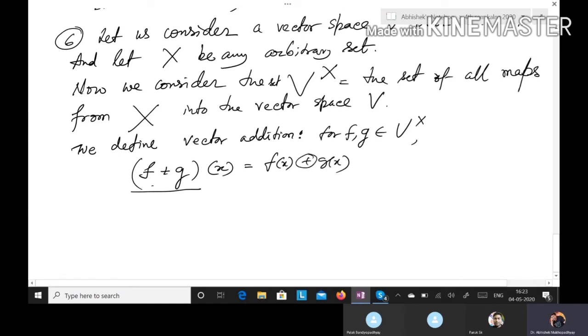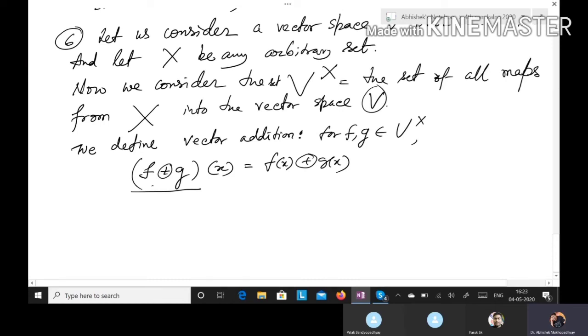Now this plus has been taken from the vector space V. So again, you need to distinguish this plus and this one.